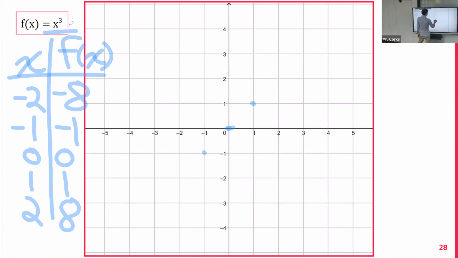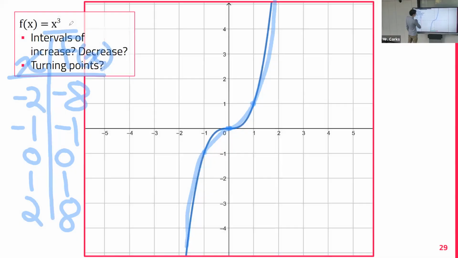So the left side is going to look like this, kind of like the x squared, but just steeper. But then the left side is instead going to go down like this. That's not a great drawing. Should look like this here.